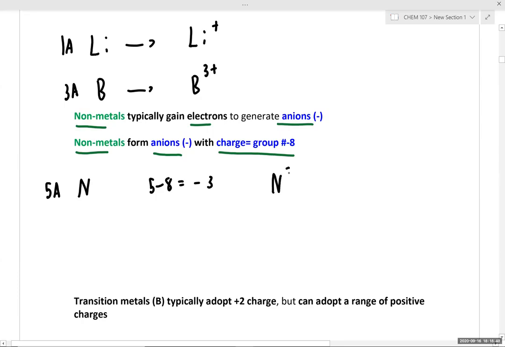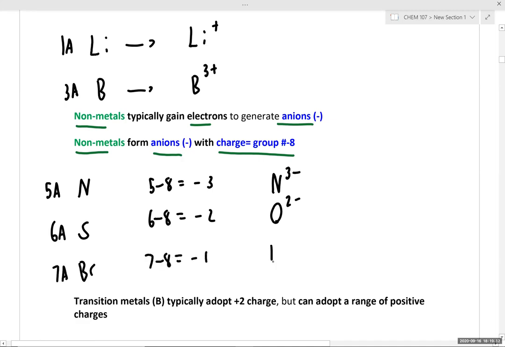So nitrogen prefers to form N3-. Sulfur, which is a 6A element, 6 minus 8 is -2. And oxygen forms O2-. Bromine, which is a 7A element, 7 minus 8 gives us -1, and bromine prefers to form Br-, or bromide. Does this make sense?